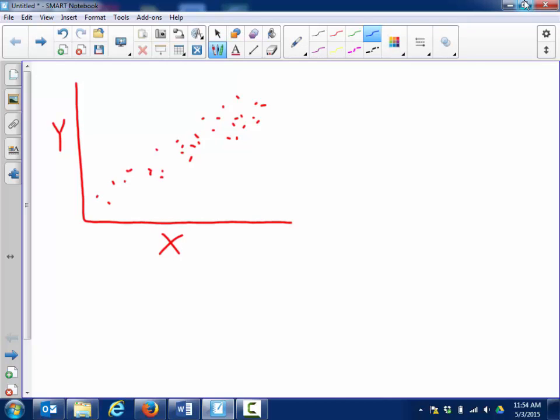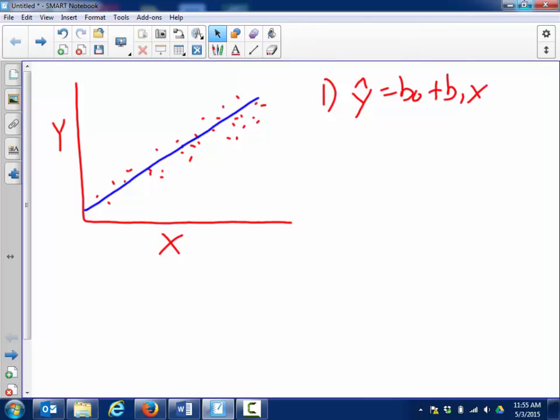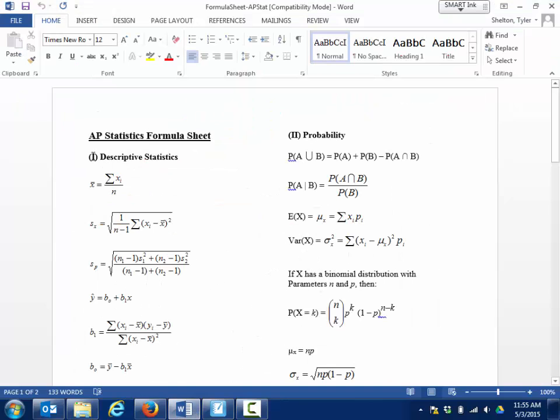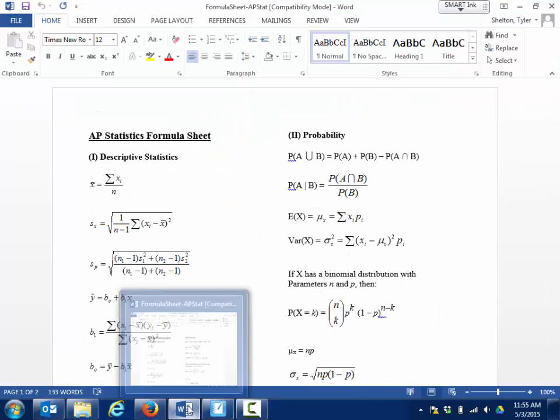So if my linear regression model looks something like this, the regression line, the first important equation is your y hat equals b naught plus b1x. Note there, again, that is on your reference sheet, left column in the descriptive statistics section, okay?